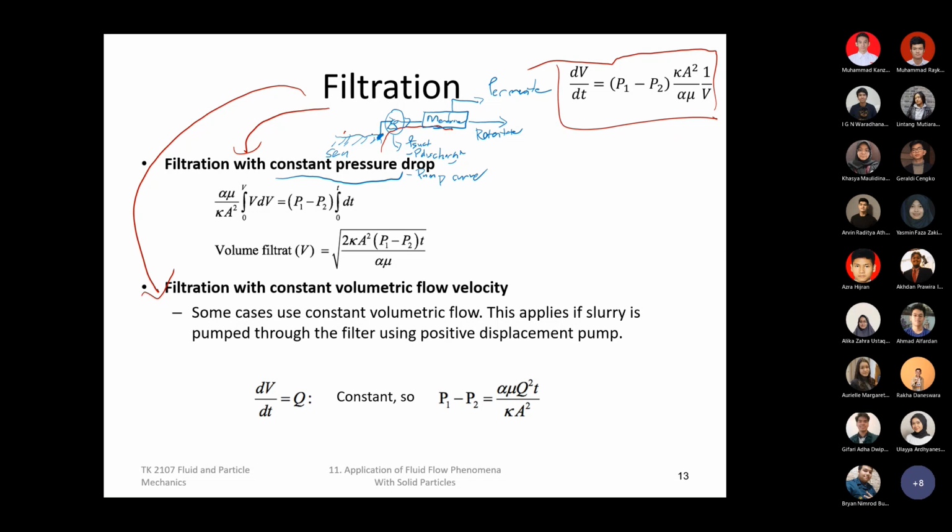So the flow rate is fixed because of the selection of the pump, and the delta P of the pump itself is also fixed. Because of this configuration, it's now possible for us to have a constant delta P in the membrane as well.